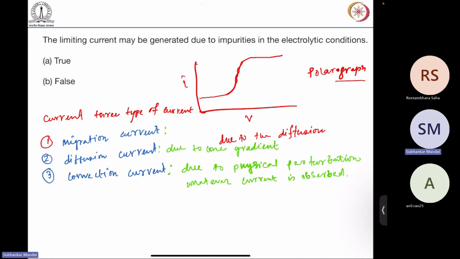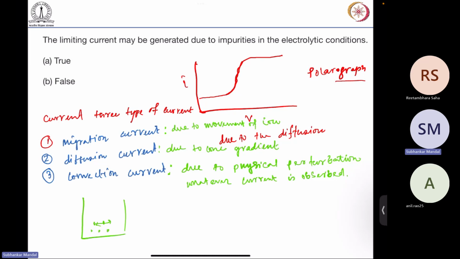And migration current: in your electrolyte you have the analyte, and inside it, when an ion is going from one place to another place through migration, that is due to the movement of ions.